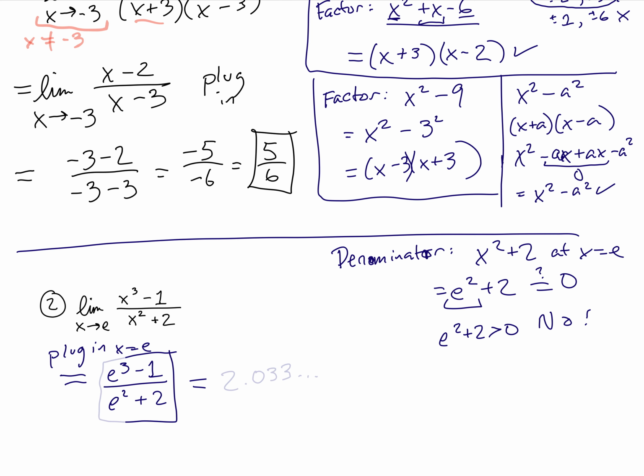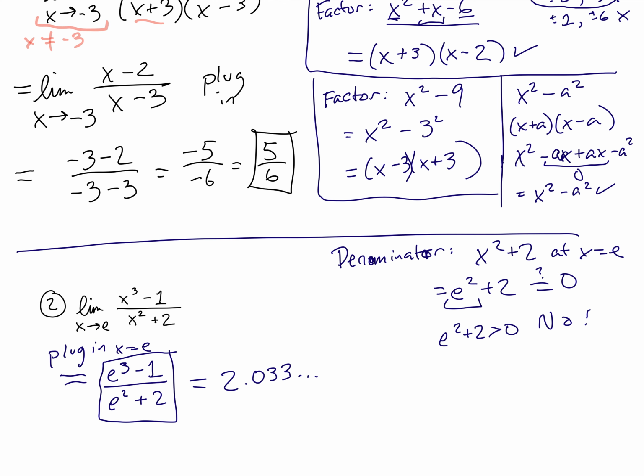And we could just leave our answer as that. That is a precise answer, e cubed minus 1 over e squared plus 2. That is a number. If you wanted to, you could also plug that into your calculator, and if you did, you would get 2.033... as an approximation.